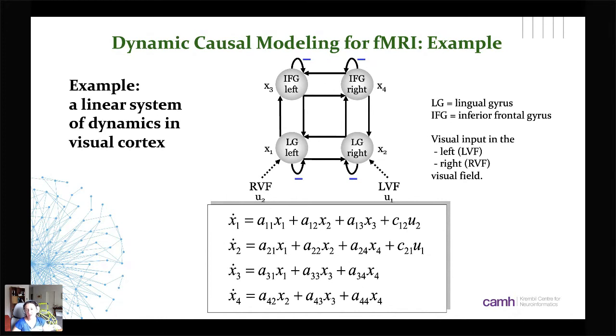Plus, we have the effect of visual stimulation in that area. So we assume that the visual input coming from the respective visual fields is entering, in this case, the left and the right lingual gyri. And the influence of the input U is represented by parameter C, which is the impact of the input on those lower level regions.